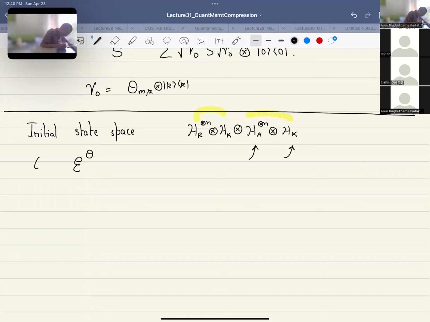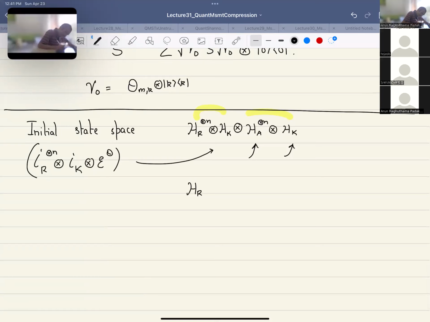When I make the measurement E theta, E theta operates on the second component. So what is my operation? I'm keeping the reference space as is, so I have I_K tensor E theta. E theta operates on HA tensor HK, and it throws out something. What does it throw out? After the first operation on this state, the reference space will remain as is, and so will the reference public coin space.